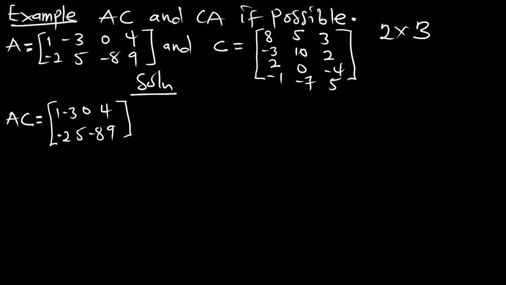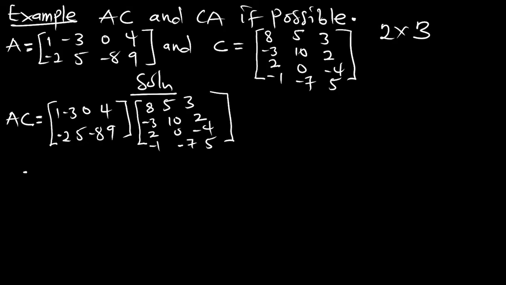This matrix is also there as I have 8, 5, 3, negative 3, 10, 2, 2, 0, negative 4, negative 1, negative 7, and 5. This is going to be a little bit of work, but we will try and do that.